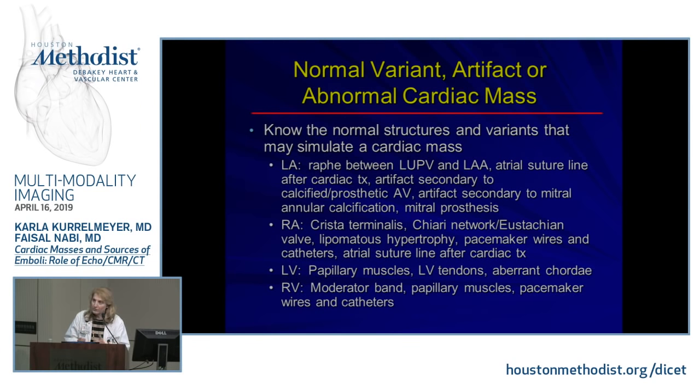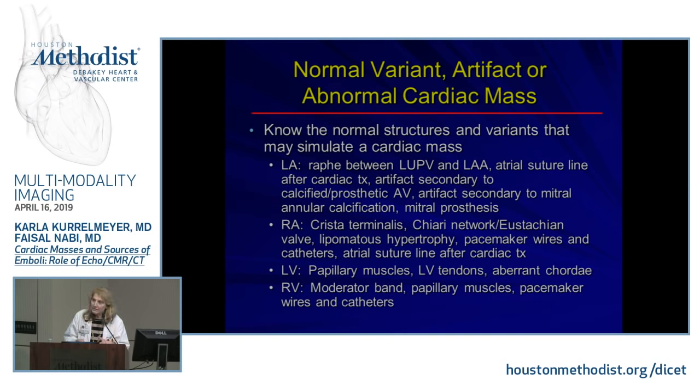And in the right atrium, people frequently have a prominent crista terminalis, and that has been shown to be the number one reason why people get referred for TEE, which Dr. Nabi showed us a good example of. You can have Chiari networks, eustachian valves, lipomatous interatrial septal hypertrophy, pacemaker wires. They can all cause artifacts and make you think that there's a mass there.